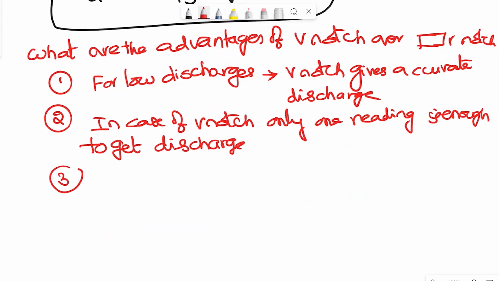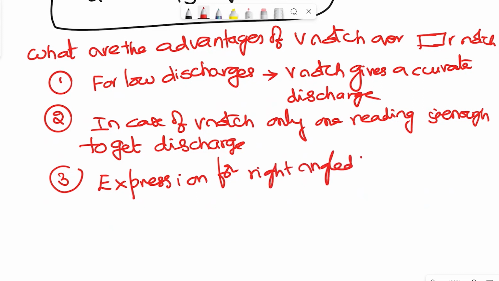Third point, the expression for a right-angled V notch is simple.